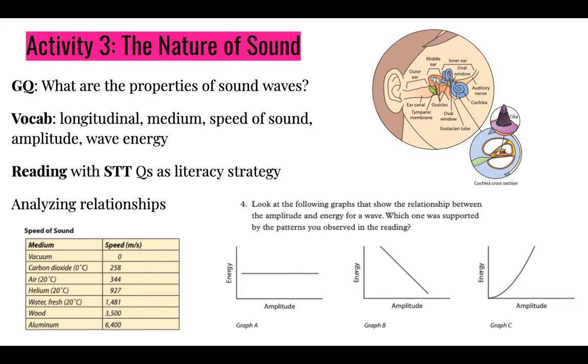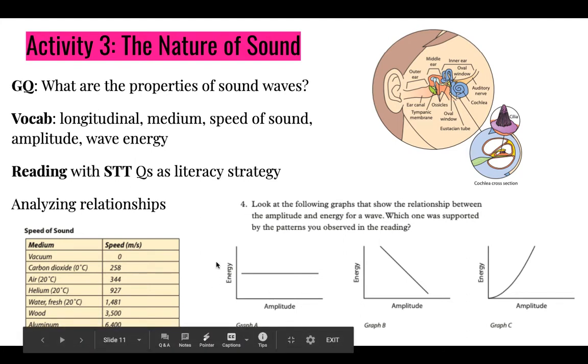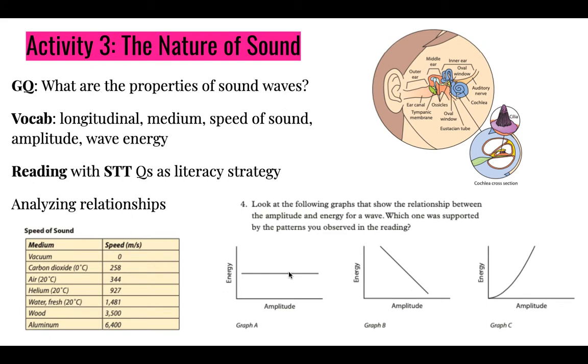And obviously, when you look at this, you don't even have to know anything. If a book's gonna ask you if there's a relationship, then there probably is. So graph A shows you that as amplitude increases, energy stays the same. No, that doesn't even make any sense, unless there's not a relationship between those two, but you know that there is.